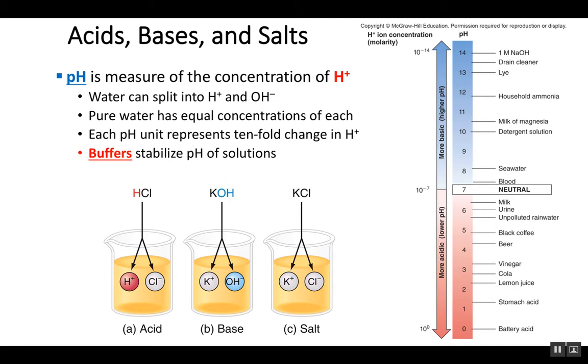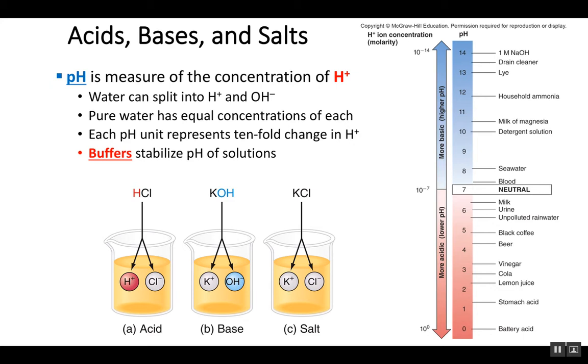The reason why I emphasize this is sometimes you will find in information you might be reading about a certain drug, or when we're learning about the kidneys and how they regulate pH, or about stomach acid, you might see this referred to as a proton. If you only learned it as a hydrogen ion, you would not understand that those are the same thing.